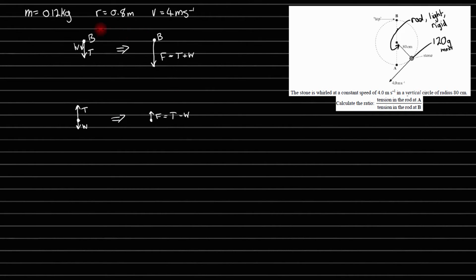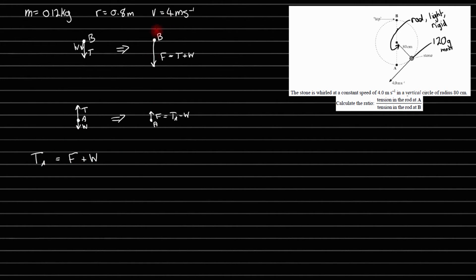So now, using this, we can apply that to work out this question. Let's consider point A, and call it T subscript A. Here I've labelled that A, and so that would be the tension at A. We could then rearrange this equation by adding the weight to both sides to get that the tension at A is equal to the centripetal force plus the weight.